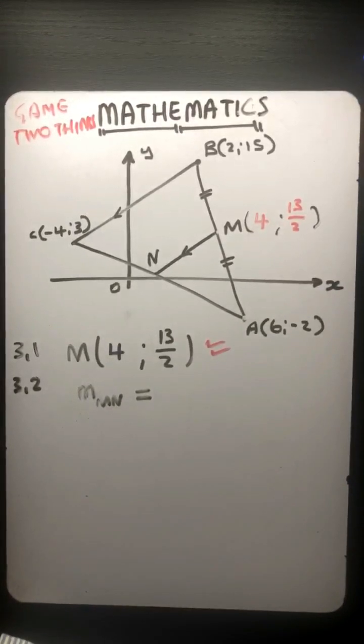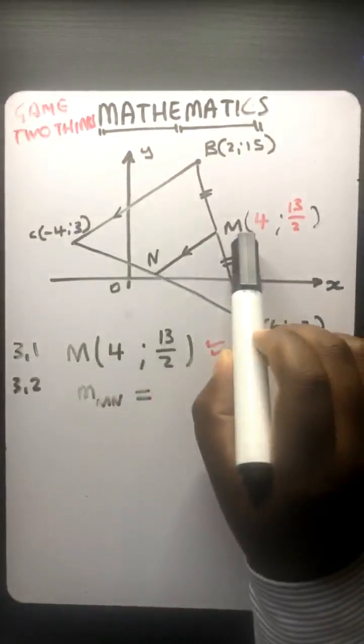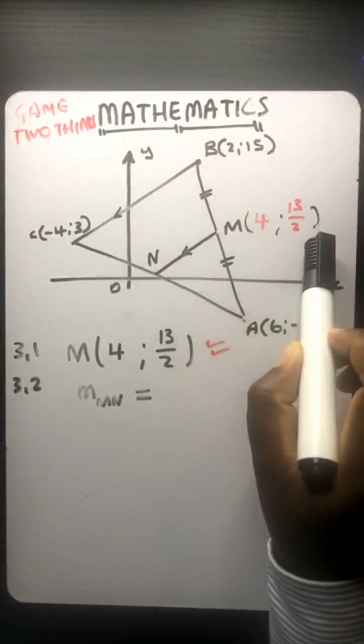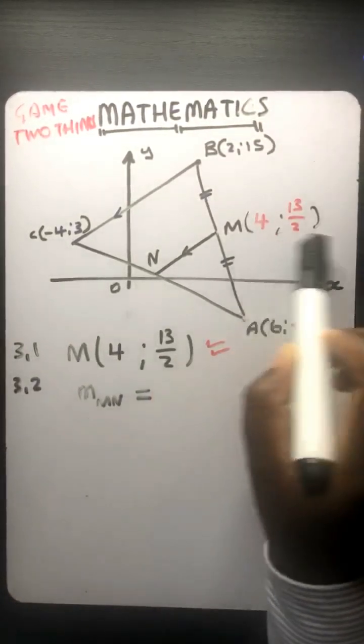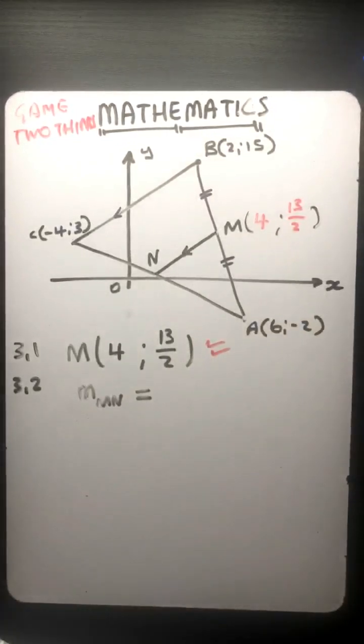Yes, I got positive 2. But where is your positive 2 coming from? Because for M and N, we only have 1 point there, and we must have 2 points to calculate the gradient. What I did was, BC is parallel to MN, isn't it?